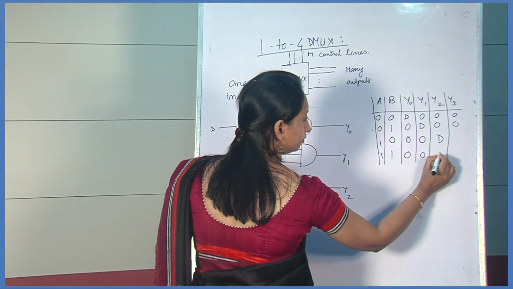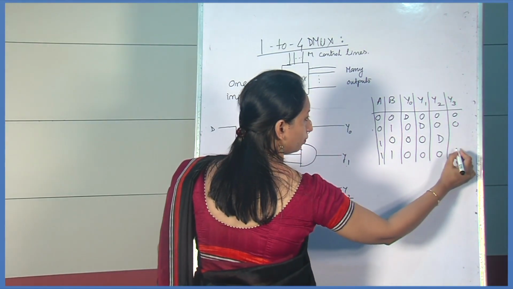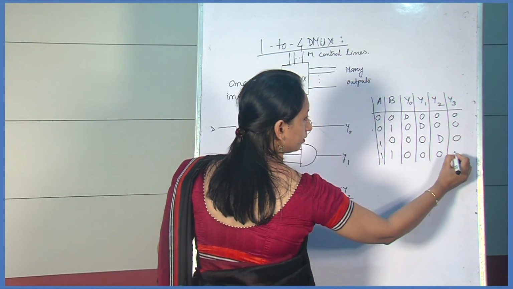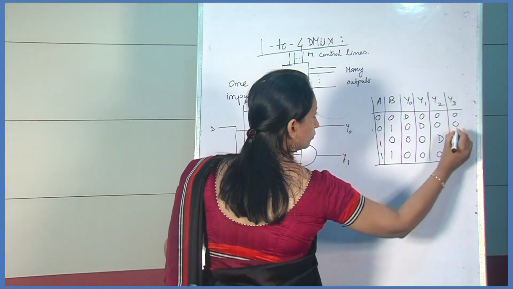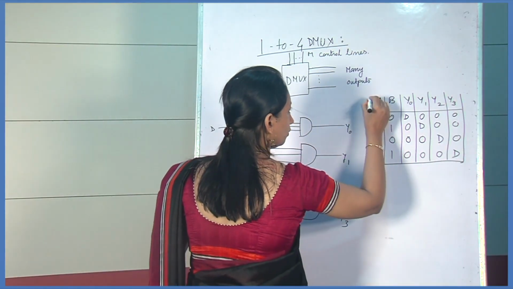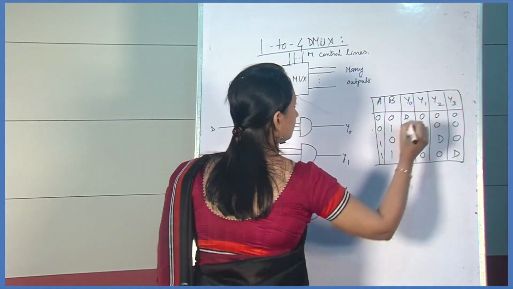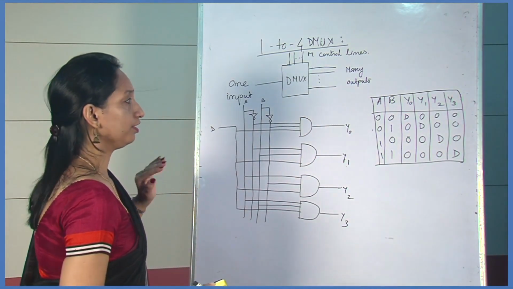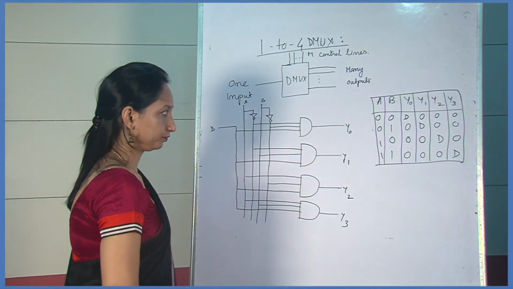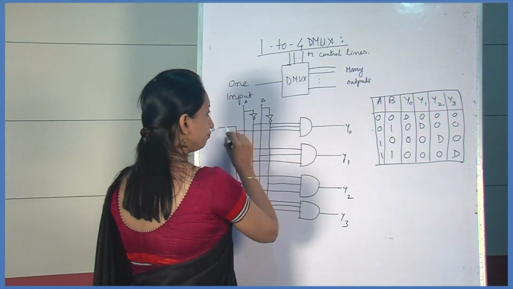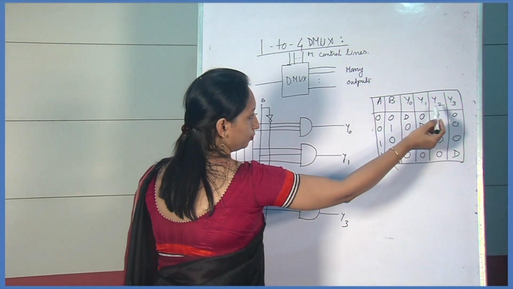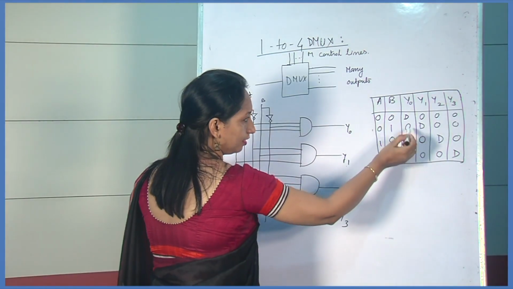The other 3 outputs are 0, here it is 0, and it is 1. So this is the logic truth table of the 1 to 4 demultiplexer. So whatever the value of the input is, it is reflected on the selected output. For other cases, it is 0.